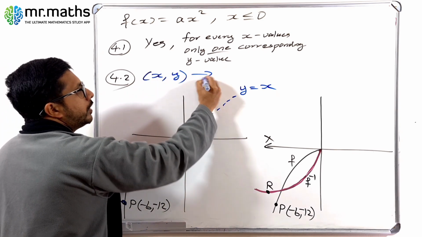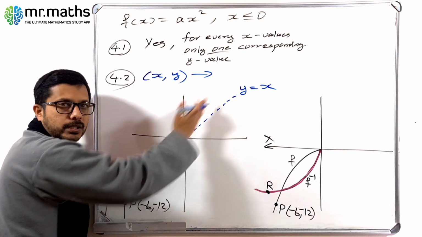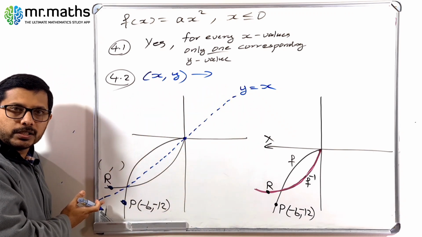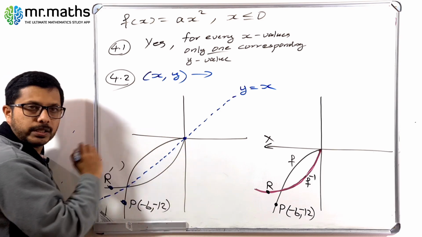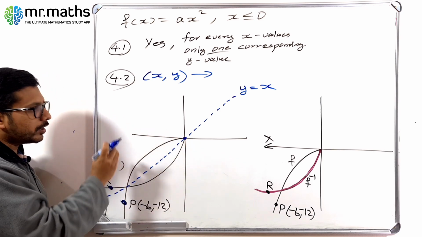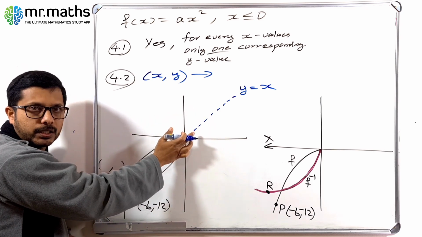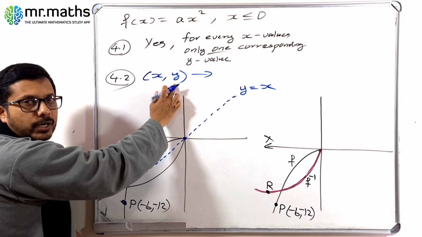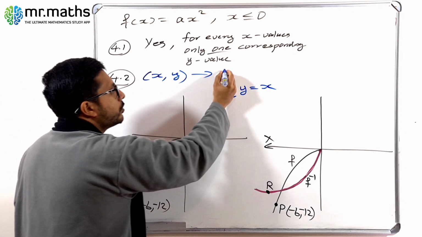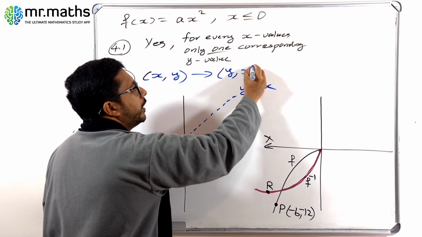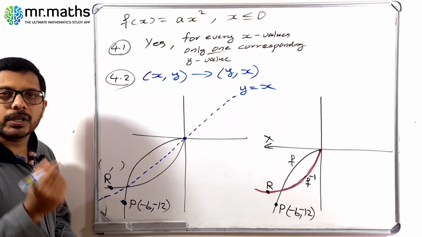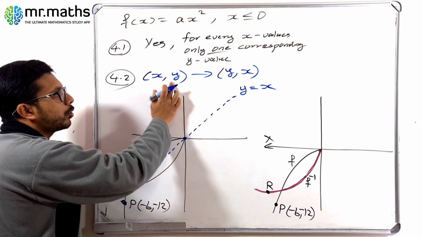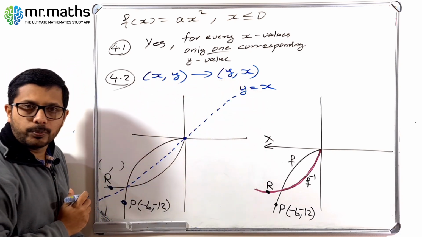If the reflection is based on the line y is equal to x, this dotted one passing through the center, then this x comma y coordinate changes to y comma x. Don't forget that. If the reflection is based on the line y is equal to x, then x comma y changes to y comma x.